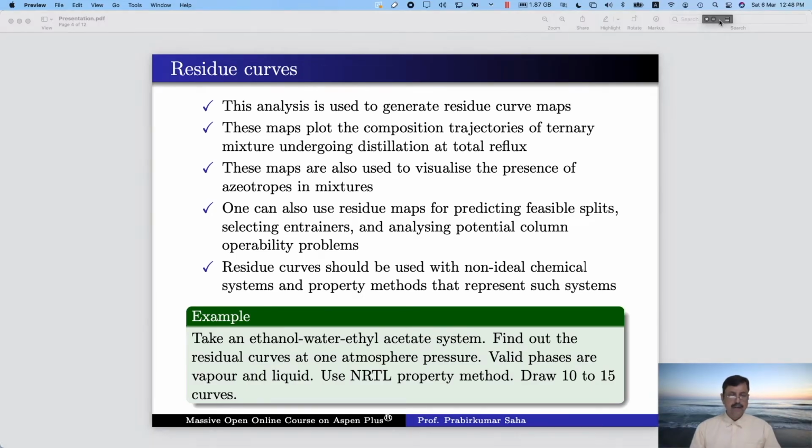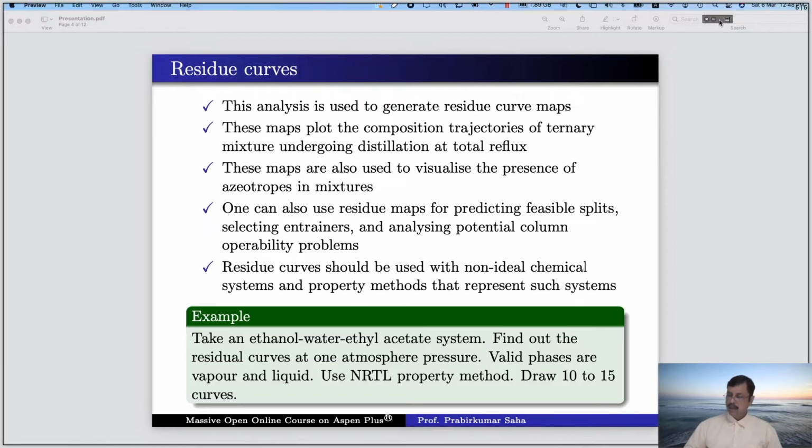Now, what is residual curve? This analysis is used to generate residue curve maps. And these maps plot the composition trajectories of ternary mixture undergoing distillation at total reflux condition.